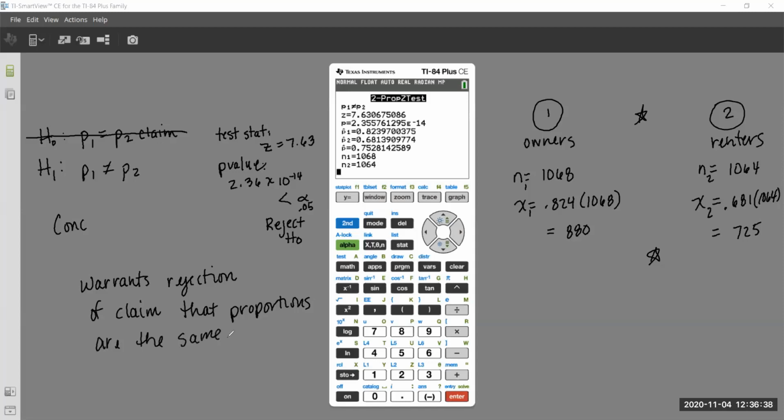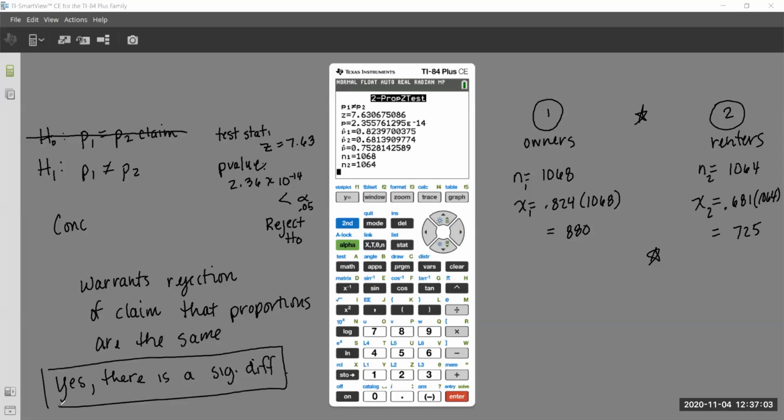So then it has a question. Based on the results, does there appear to be a significant difference? Yes, there is a significant difference between the proportion of people who commute to work that are homeowners and the proportion of people who commute to work that are renters. Okay. Again, we rejected this. That means we're going with that.